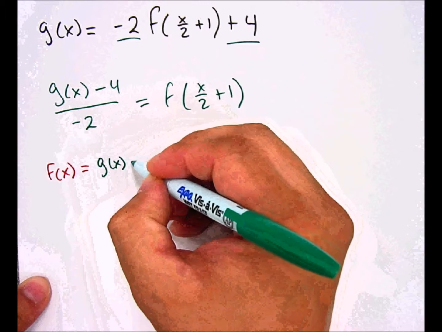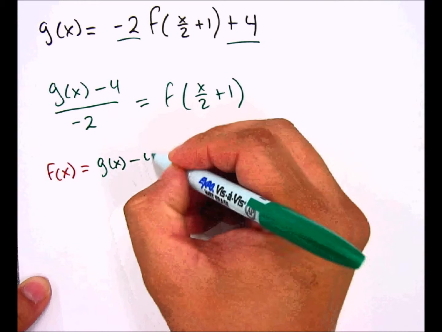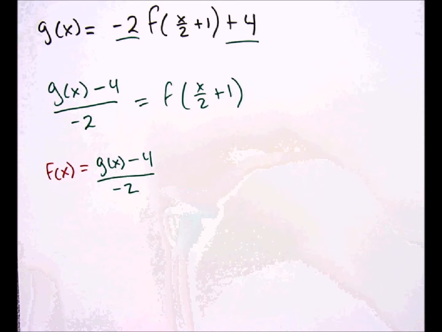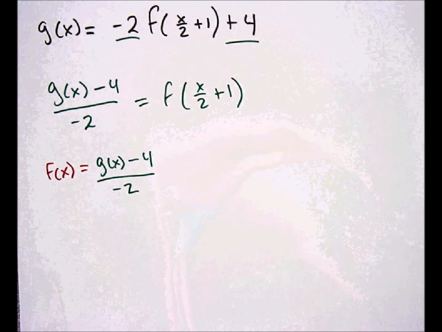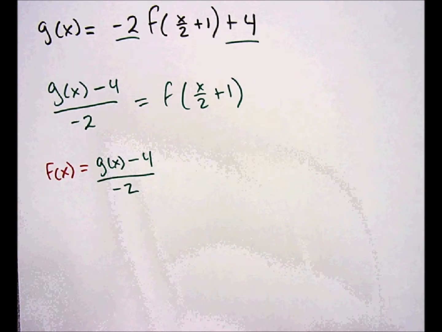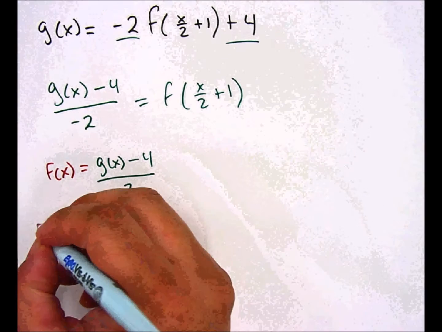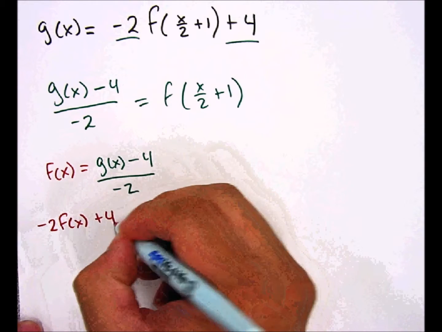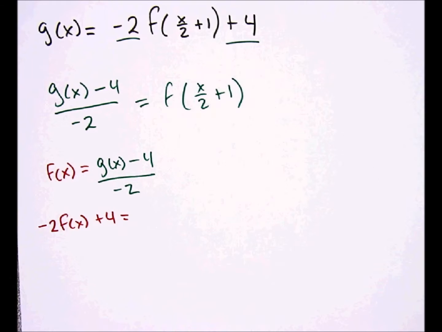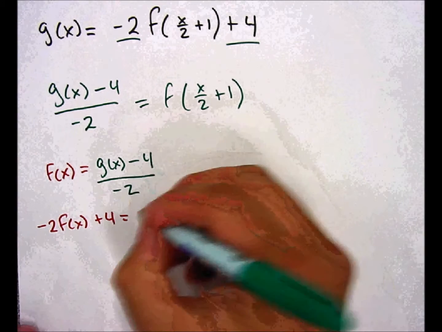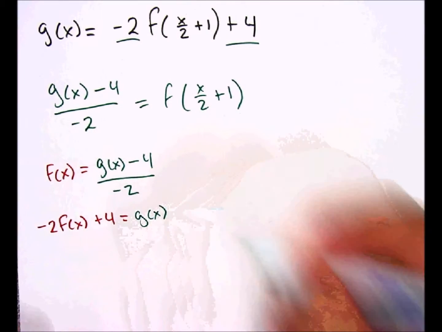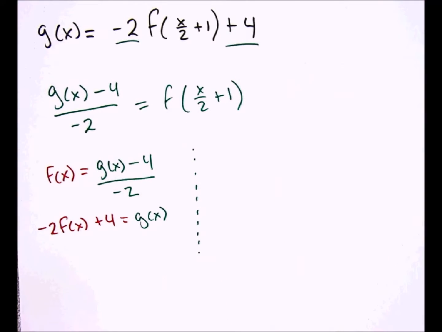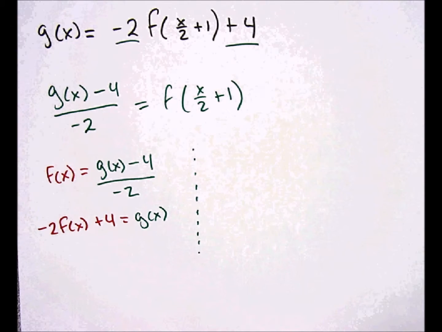Well, we know if I had the table for g of x and I subtracted 4 from it and then divided by -2, I would get back to the original function f of x. Therefore, rewriting it or solving it in terms of f of x, I would then get -2 times f of x plus 4, and that's what I would have to do to f of x to get to g of x. So we've now handled the range for the original function f of x.